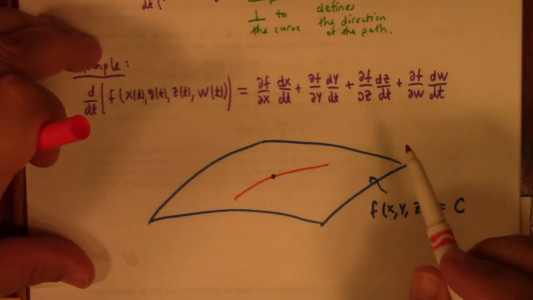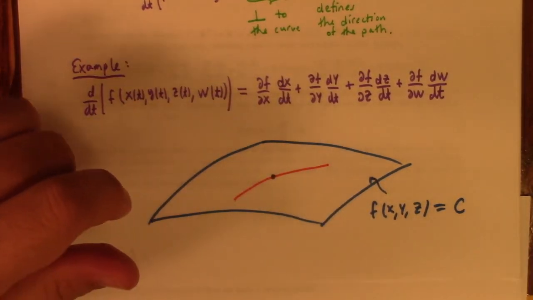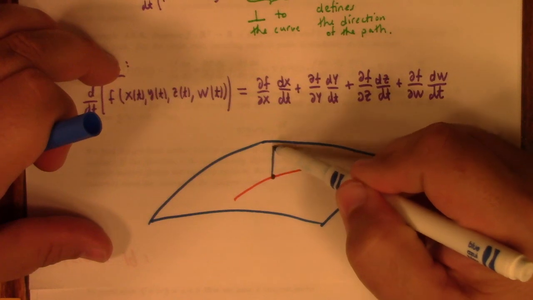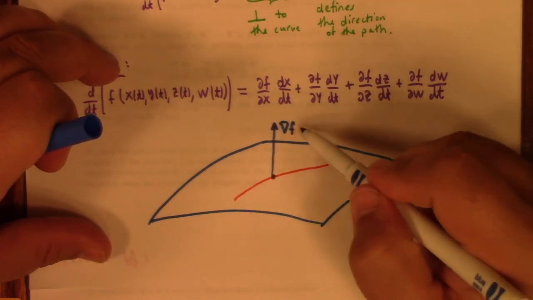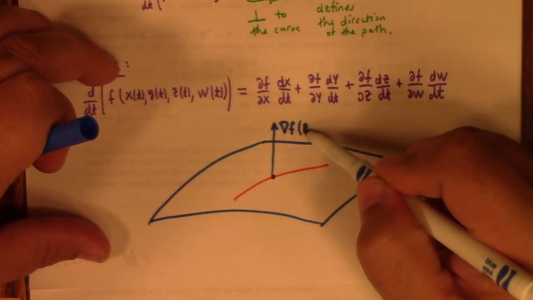And what that calculation shows is that there's just one normal vector at that point, which I'm going to draw like this. This normal vector is the gradient of f evaluated at that point. I'll call that point P for the sake of discussion.